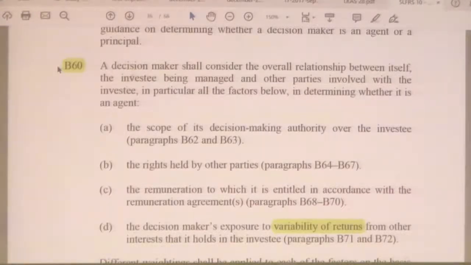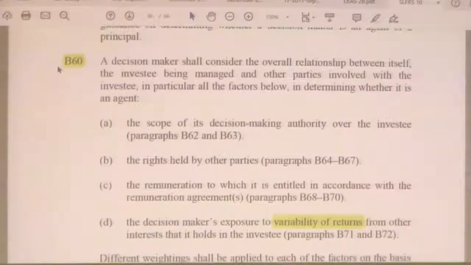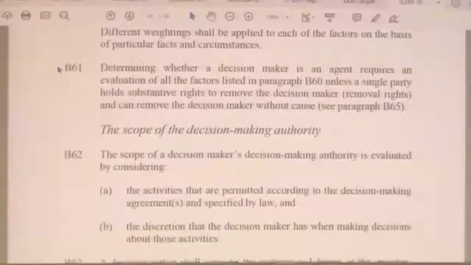In particular, all factors below in determining whether it is an agent, right? Look straight away at D: decision maker's exposure to variable returns from interests that it holds in the investee. So that explains the relationship, right? So B60 explains that.